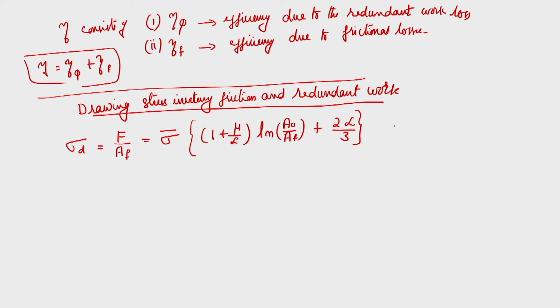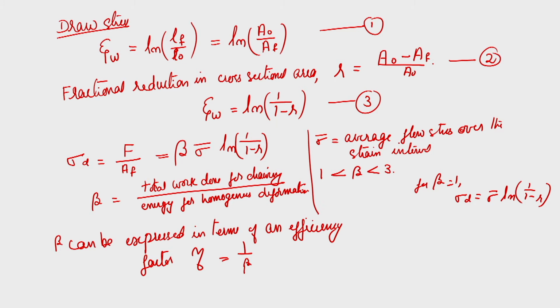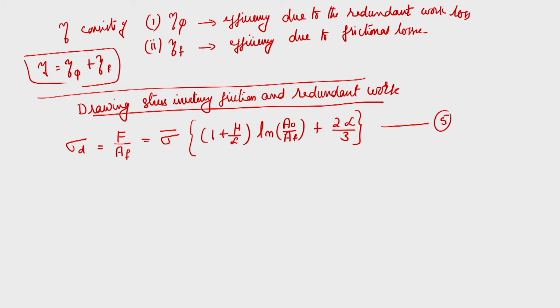So, this relationship people have arrived at. We can write it as expression number 4. In this, mu is the coefficient of friction, and alpha is the semi die angle.